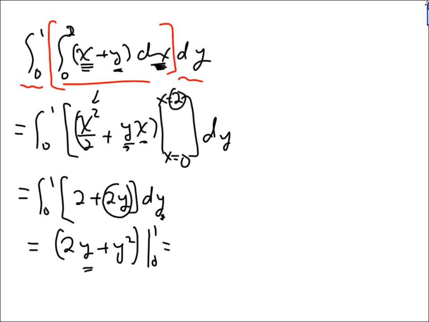Since there's only one variable, y, those are y values, 0 and 1. So when you plug in 1 for y, you get 2 times 1 plus 1 squared. When you plug in 0, you get 0. So the final answer is good old 3.